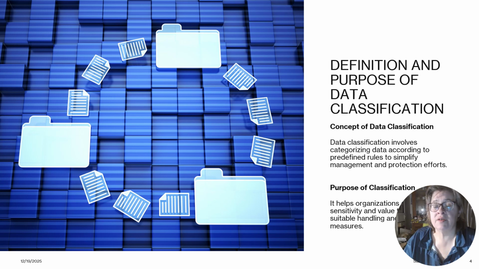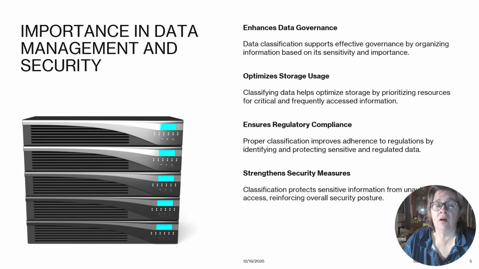It helps organizations identify the value and sensitivity of data to apply appropriate handling procedures. Proper data classification enables better data governance, optimizes storage, improves compliance with regulations, and strengthens security by protecting sensitive information from unauthorized access.